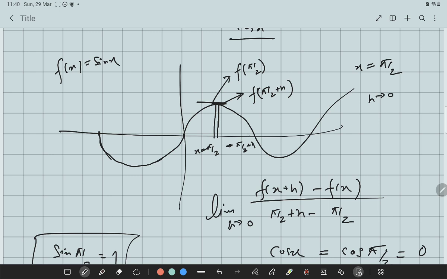If you see this particular point over here, and just for your understanding, keep moving this straight line throughout this particular graph. If you keep moving this line with the graph, you will understand how it is happening.